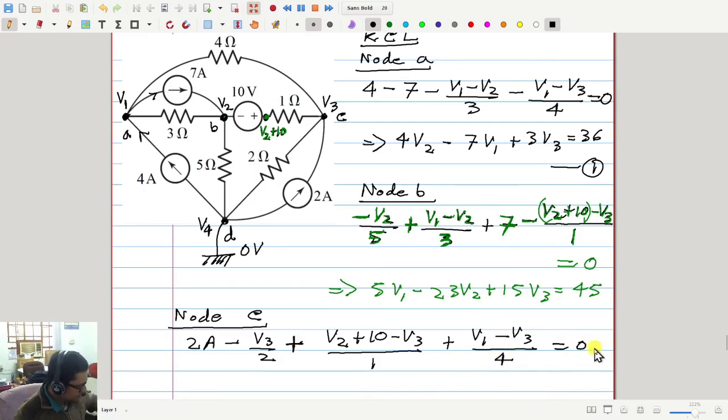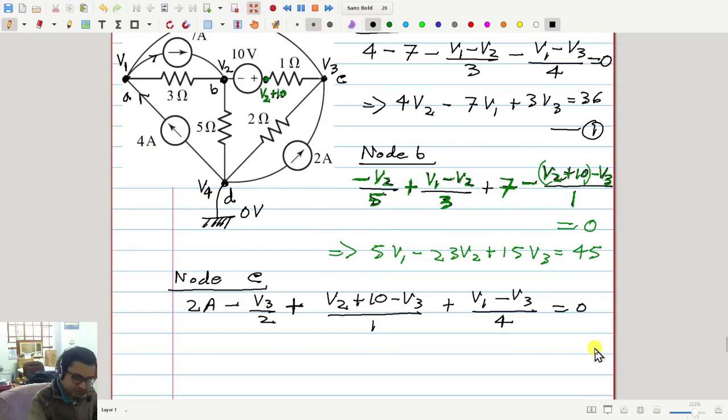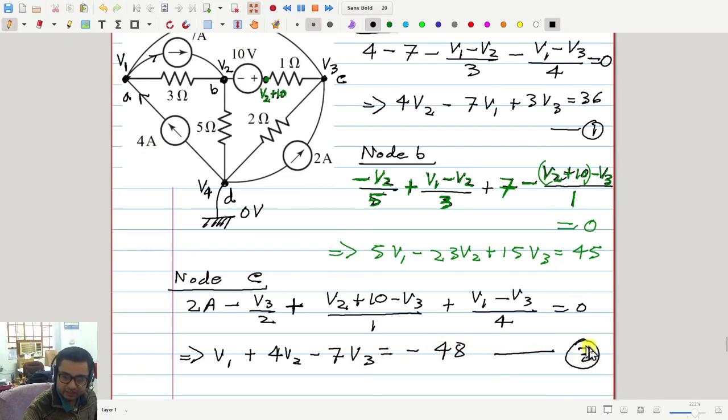Now, if you simplify, you will get V1 plus 4V2 minus 7V3 equal to minus 48. Let me call this equation number 3. This is equation number 2, and this was equation number 1.